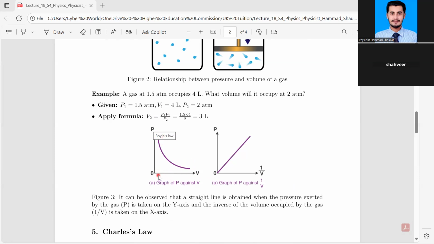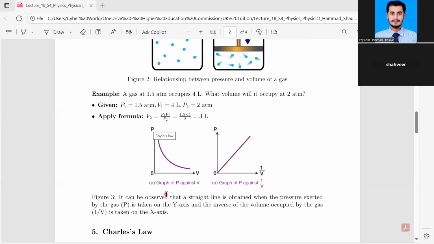Here you can see the pressure is low at one end, and as you increase the pressure, there is a lower value for volume. This is according to Boyle's law. Pressure and volume have an inverse relation. That's why we get this parabolic curve when we plot the PV graph. This graph is also known as the PV graph.